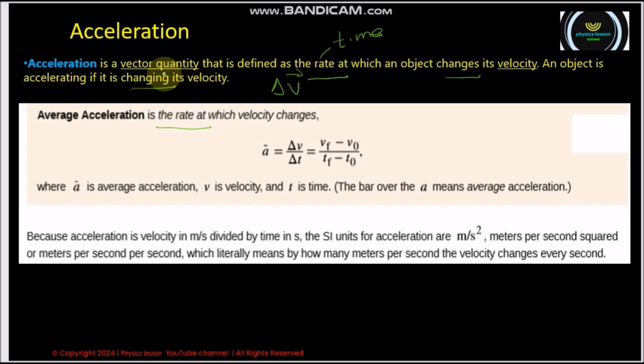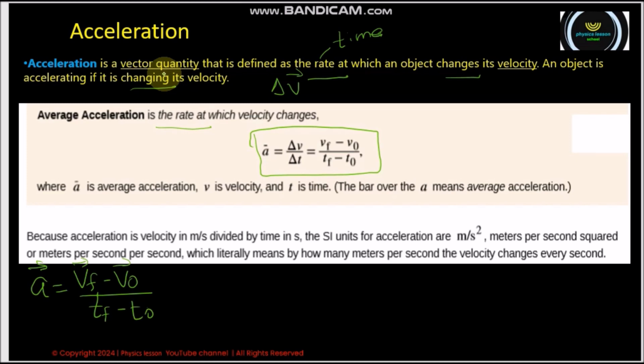That means acceleration is given by this formula: the change in velocity over the change in time, which is equal to v final minus v initial over t final minus t initial. That is, velocity final minus velocity initial over time final minus time initial.